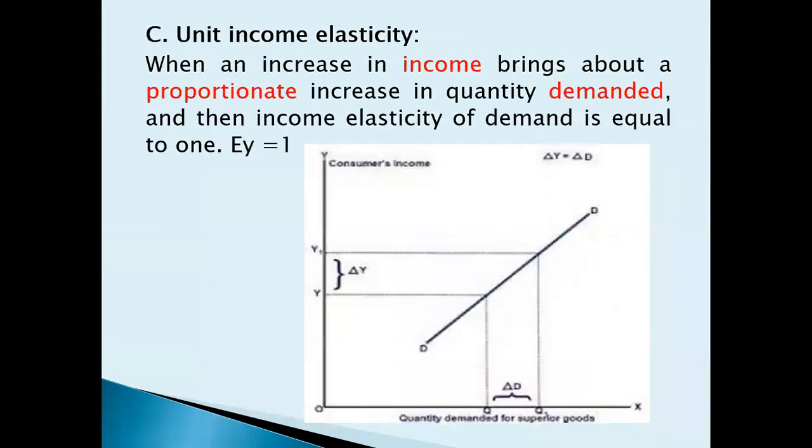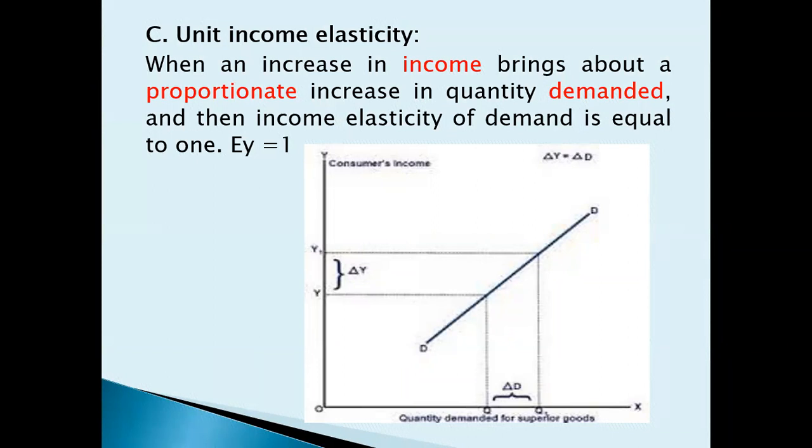Next is unit income elasticity. Means what? When an increase in the income brings about a proportionate increase in the quantity demanded. Look at the graph now, on the x-axis as well as on the y-axis. जितने proportion से मेरा income बढ़ेगा, उतने proportion से quantity demanded भी change होगी.